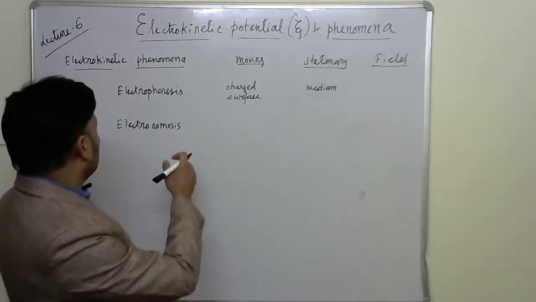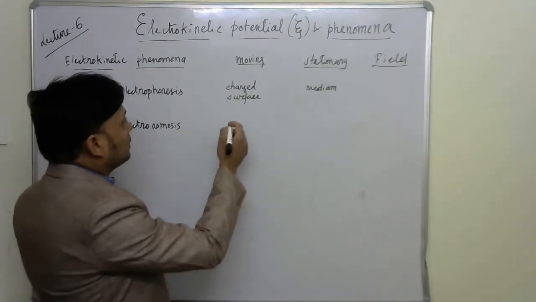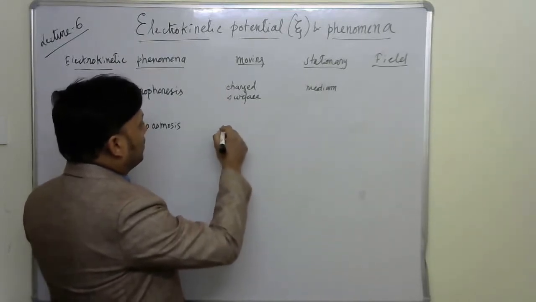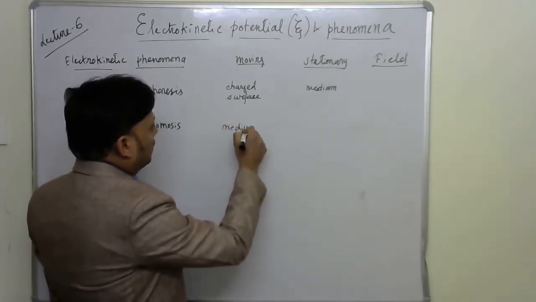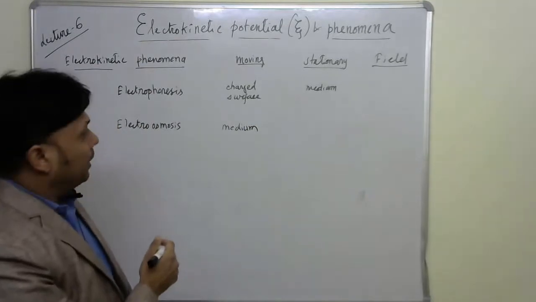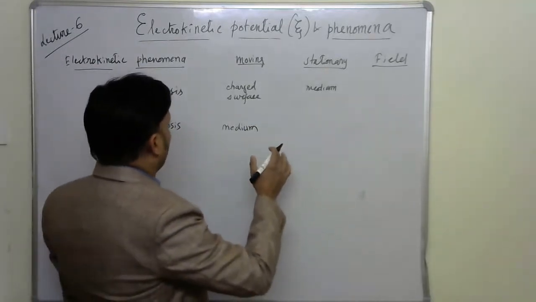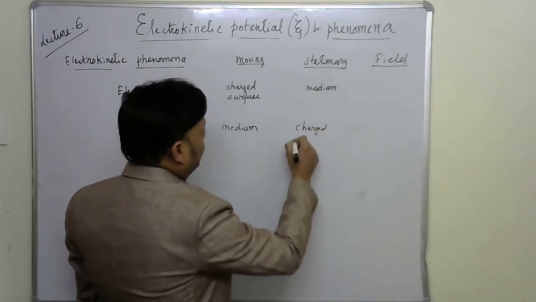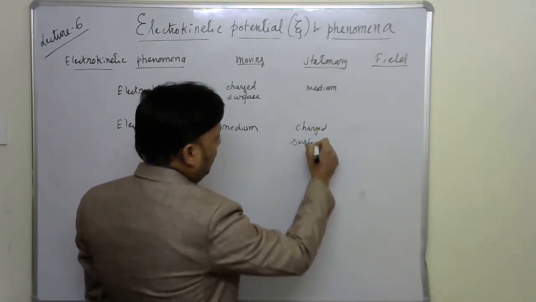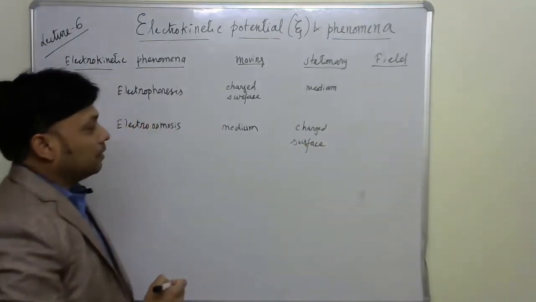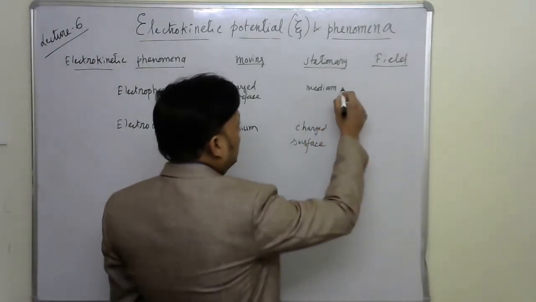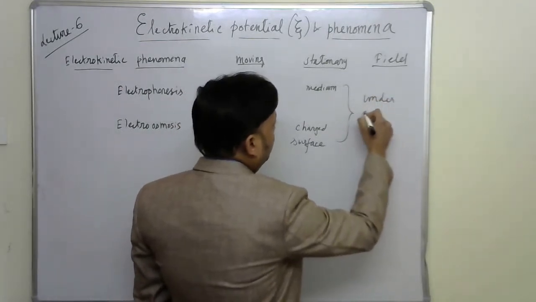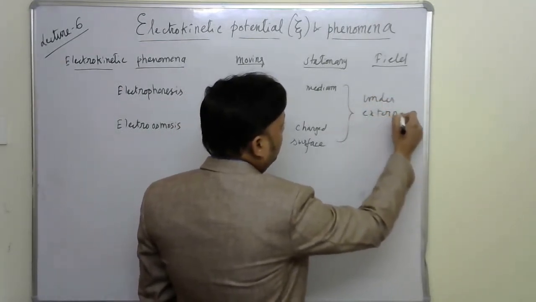The same thing in electro-osmosis, but here the moving thing is the medium or the electrolytic liquid, where the charged surface remains stationary in a relative manner, of course. So in both these cases, this happens under an external electric field E.